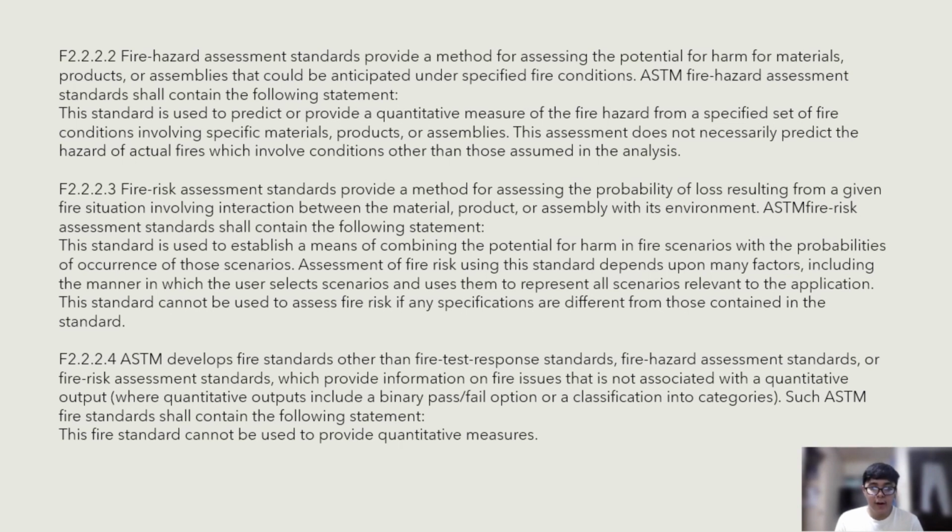Assessment of fire risk using this standard depends upon many factors, including the manner in which the user selects scenarios and uses them to represent all scenarios relevant to the application. This standard cannot be used to assess fire risk if any specifications are different from those contained in the standard.